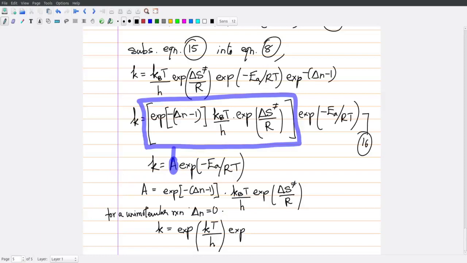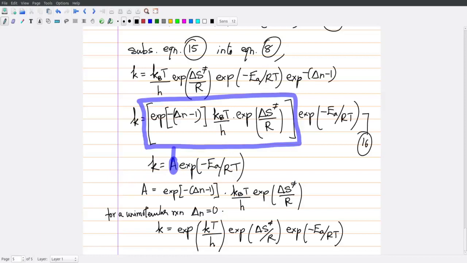So this is minus and minus will become 1. So this will be exponential raised to the power 1, and you have exponential delta s dagger by r and exponential minus EA by RT.